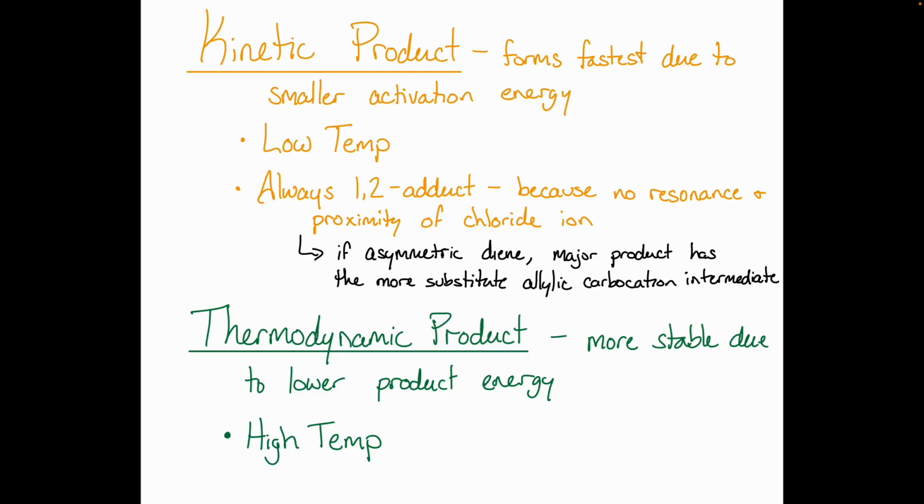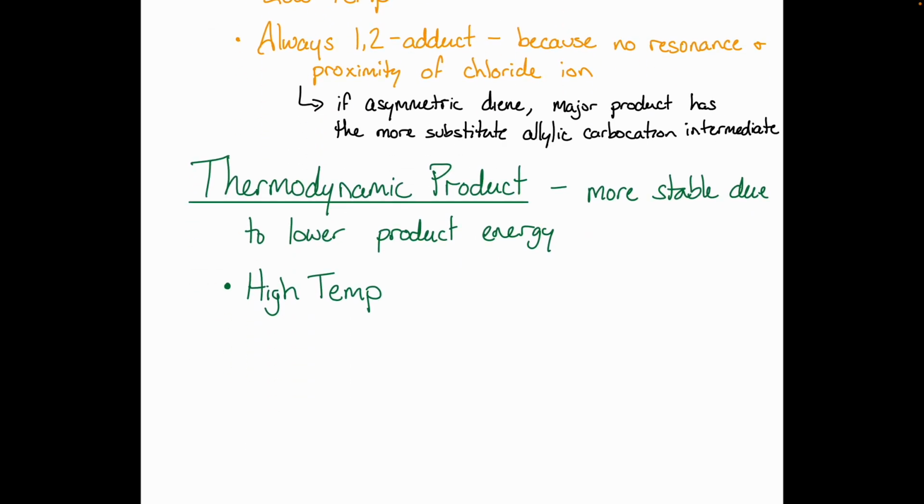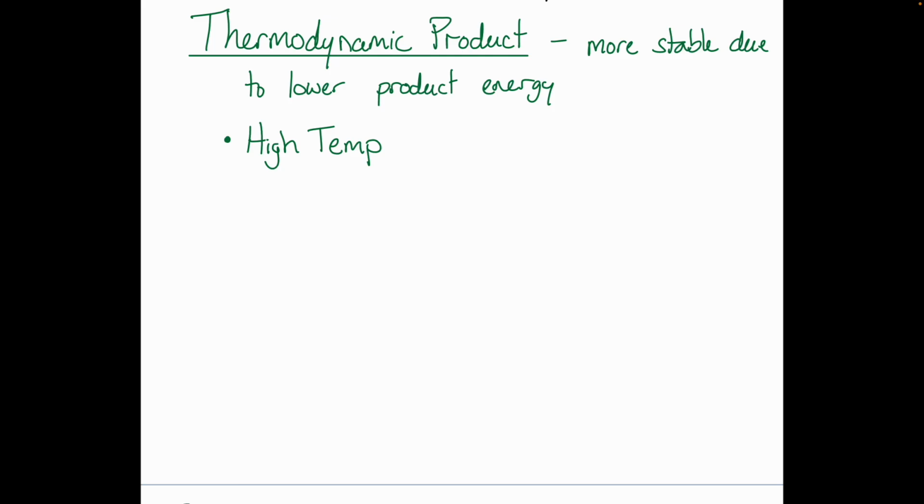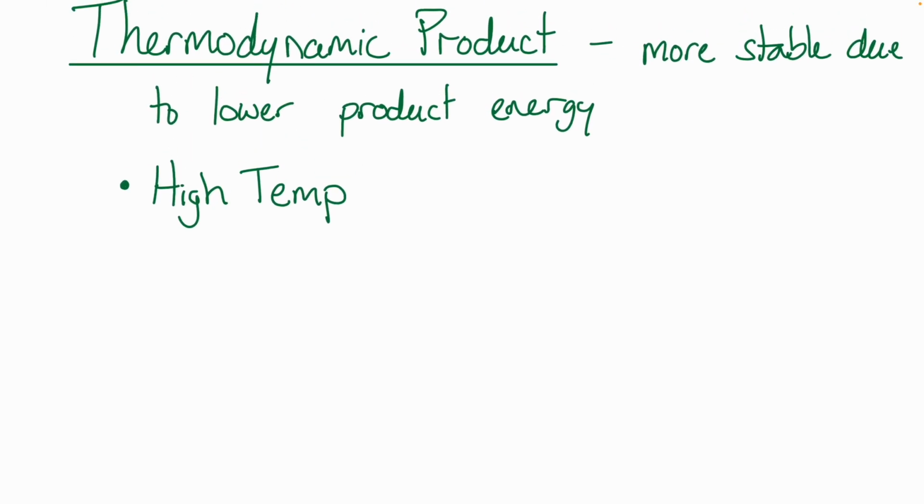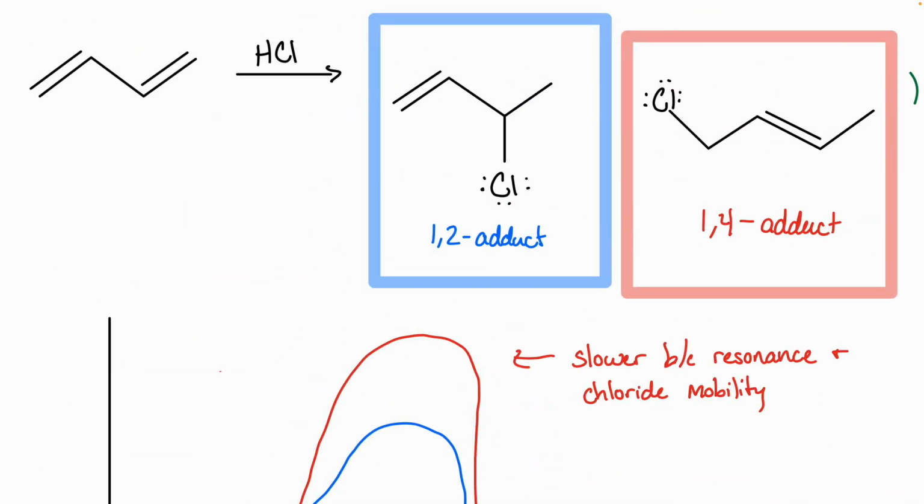If it's an asymmetric diene, though, you're going to have to draw both of your 1,2 carbocations to figure out which one's going to be the most stable. Our thermodynamic products, this is the one that forms at higher energy. And in our example up here, it was that 1,4 adduct, but we got to be careful, that's not always the case.